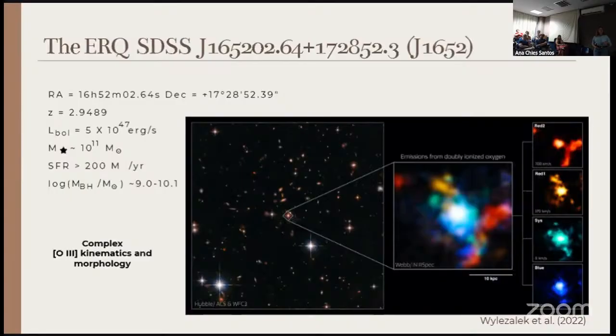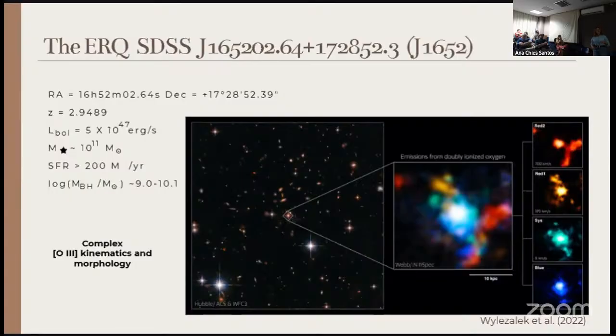It has a bolometric luminosity of 5 times 10 to the 47 ergs per second, a stellar mass of 10 to the 11 solar masses, a star formation rate above 200 solar masses per year, and a black hole mass of about log of mass 9, about 9 to 10.